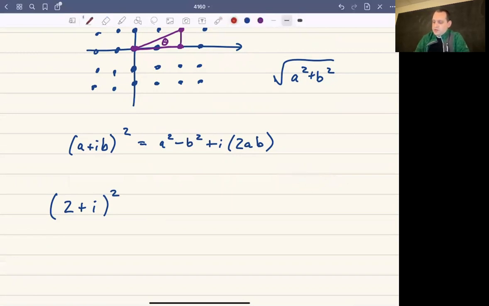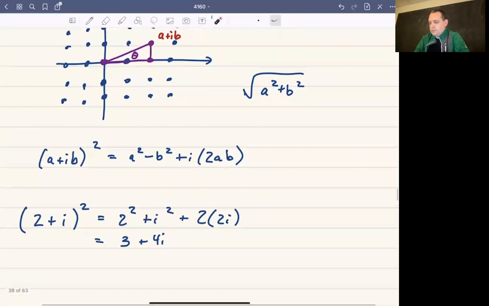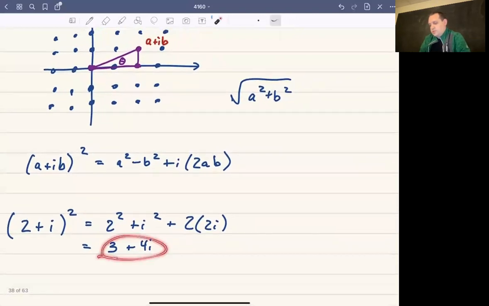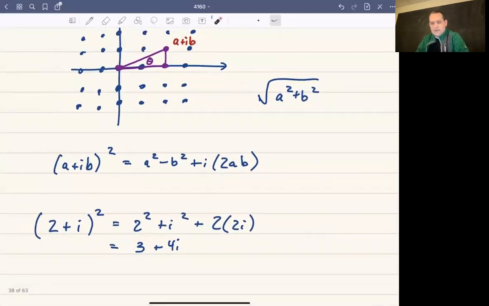Well, you're going to end up with 2 squared plus i squared plus 2 times 2i. So what you end up with is 4 minus 1, because i squared, of course, is minus 1, and then 3 plus 4i. In fact, this happens to be the number that we started with. This is definitely going to lead us to a Pythagorean triple, 3, 4, 5.